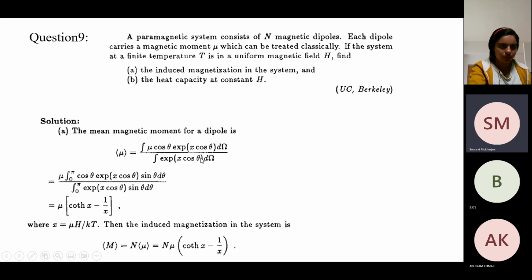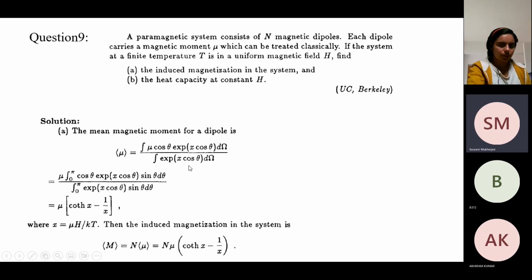So it's basically the same concept. You're doing integration of x p(x), if x is your variable, or you can say mu cos theta is your variable, and this integration is actually your partition function. Then you multiply by the individual probabilities, and this is what you get.